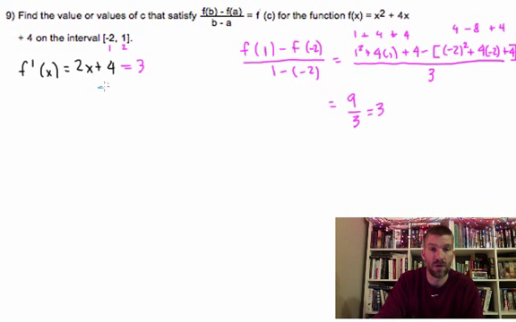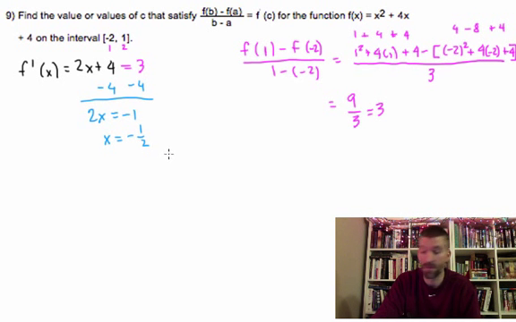So I'm going to go ahead and subtract 4 from both sides, and x is equal to -1/2. So at that specific value, this is where the average of the function occurs, when x is equal to -1/2.